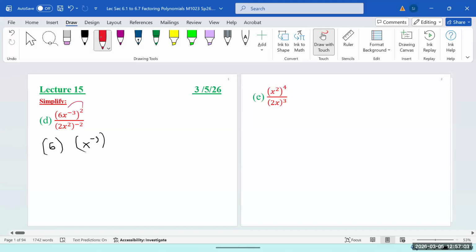We have to distribute the power 2 to both of them, 6 and also negative 3. And then on the denominator, we have 2 and x squared. What do we do with that? The denominator power is negative 2, so we distribute the power negative 2. The numerator has power positive 2, so we distribute the power positive 2.